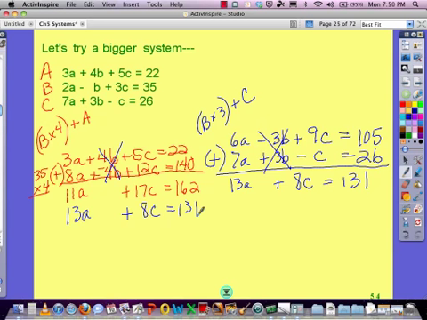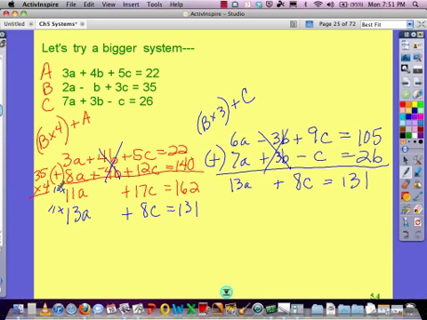Remember, as an example here, if I don't know how many times 11 goes into 13, or I can't find a number 11 and 13 both go into, don't forget that they always go into each other when you multiply them. So I could multiply this bottom equation by 11 and this top equation by 13. Again, it's going to give us some pretty big numbers, so have your calculator ready.